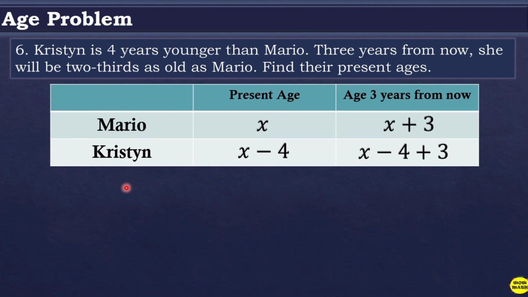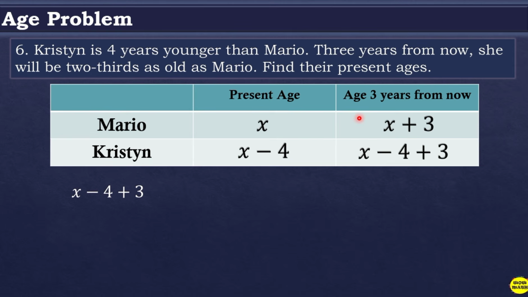Okay? So, let us represent the equation. Okay? So, 3 years from now, she will be 2/3 as old as Mario. So, si Christine daw, eto si Christine, x minus 4 plus 3, eto siya. Ang magiging age niya daw, 3 years from now. So, dito tayo kumuha ng data ha, kasi yun ang nasa problem, 3 years from now.